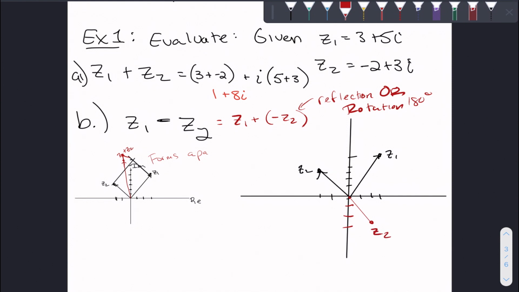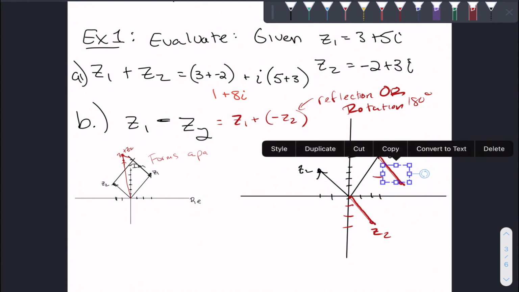You can see why I crossed my z's. We start at z1 and go in the opposite of z2 in the same direction. I'm going to take that piece, and again, we're going to get a parallelogram.